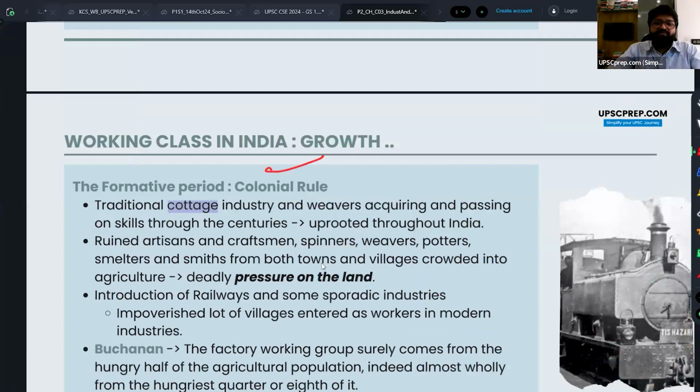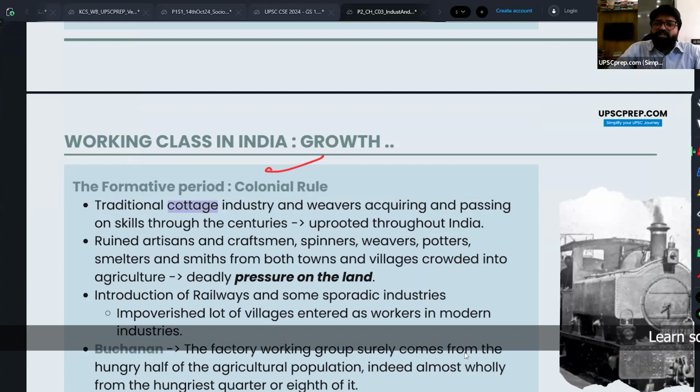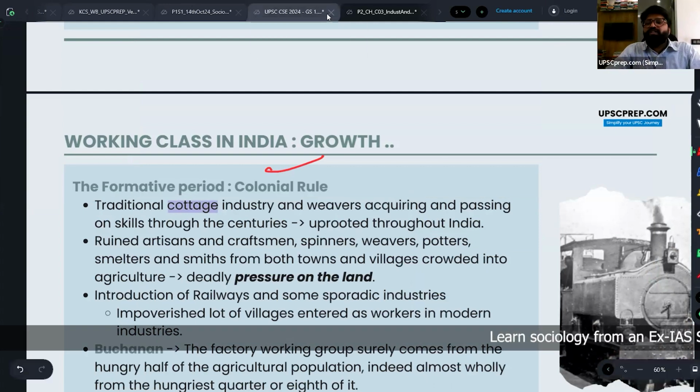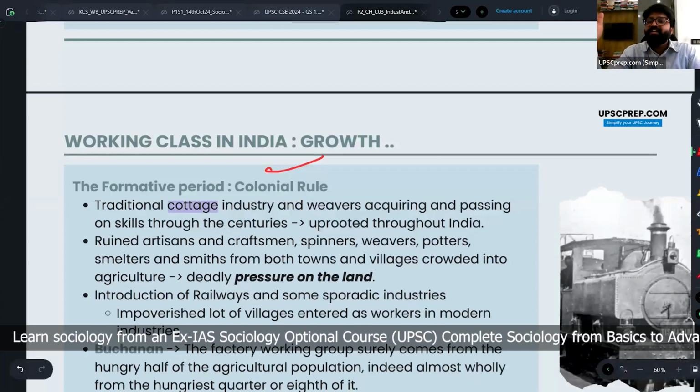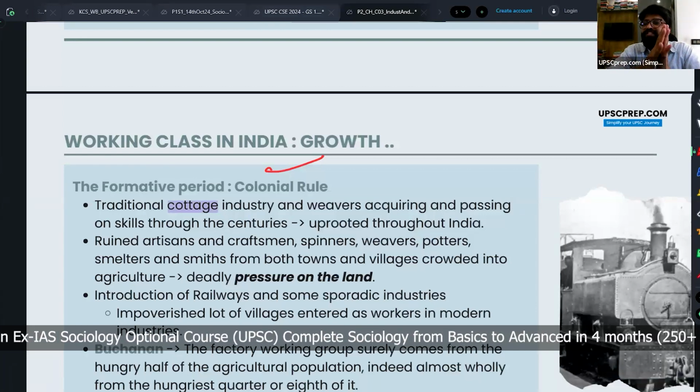This is a question of history, but whatever we study on industrial revolution, we study briefly in paper 1, some sociology knowledge. In paper 2 we are going to study colonial rule and the impact of industrialization on cottage industries. So imagine your answer, would it not be better than an average competitor, because you are going to give those extra few points because of your knowledge. So this is not even a question of Indian society, this is a question of history.